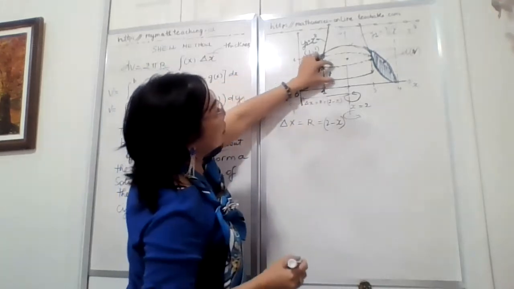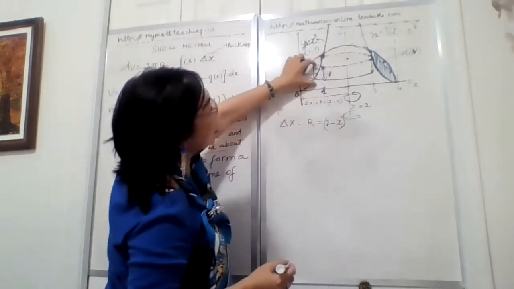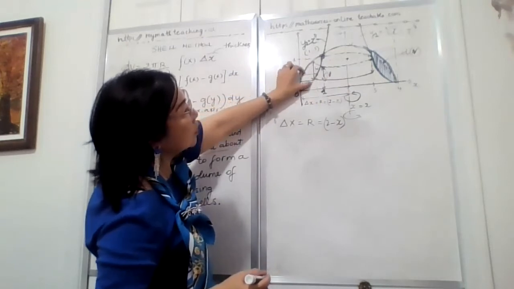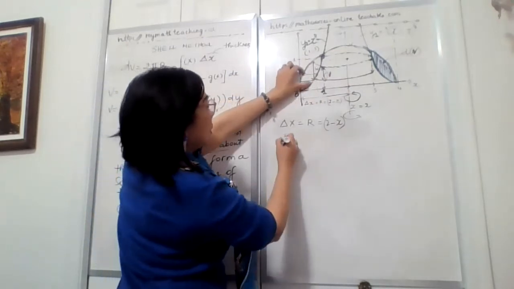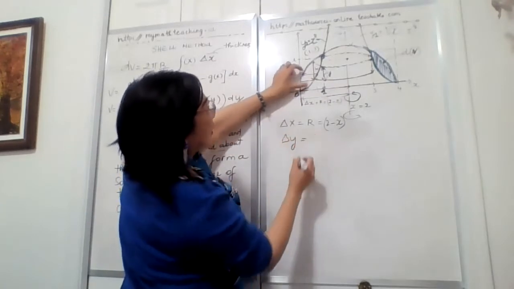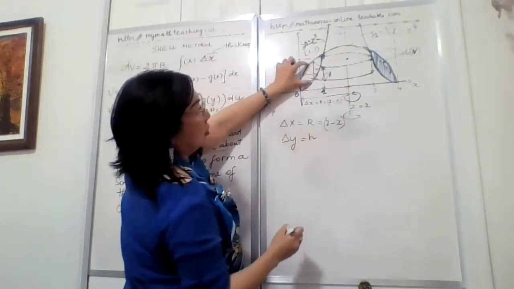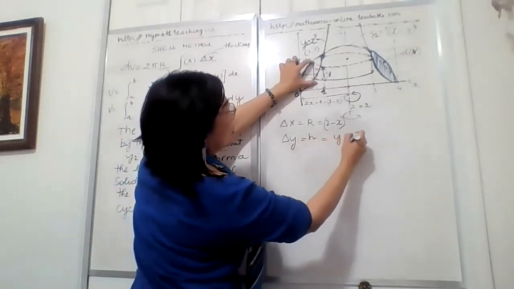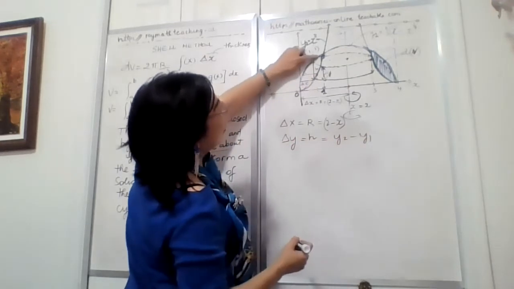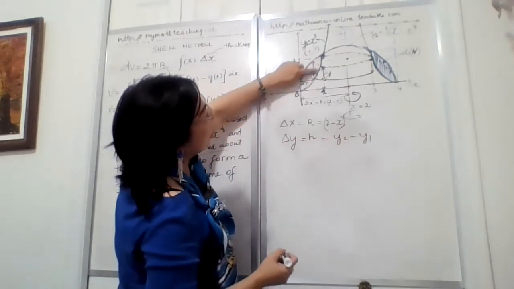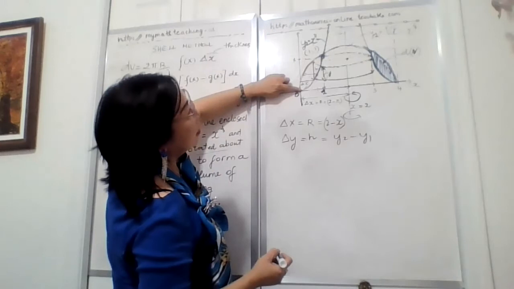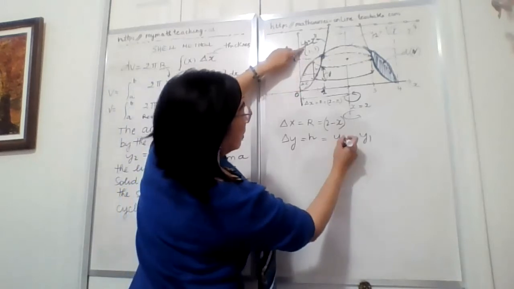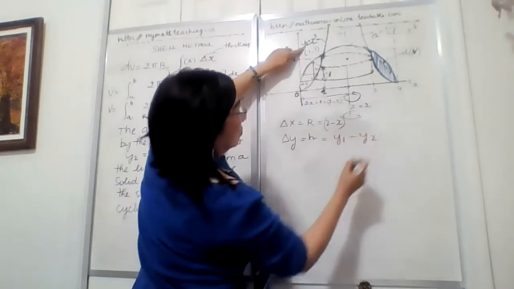So the height of our cylinder, as we build along, will be changing due to these two curves. That we call the delta y, and delta y equals the height of our cylinder, which is y2 minus y1. Actually, y1 minus y2 in this case.